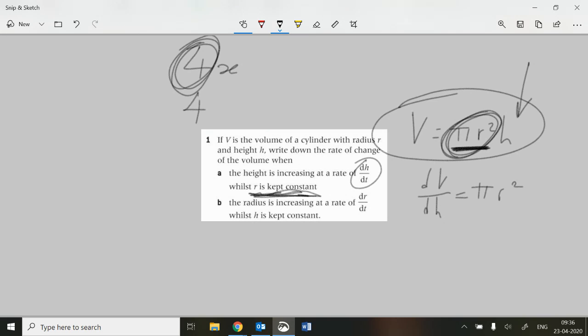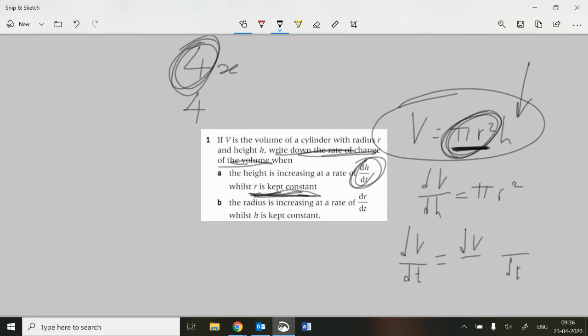Okay, and anyway, this one says write down the rate of change of the volume. So actually what we're asked for in this question is dV/dt. Now we're going to use related rates of change here. We're going to split this one up, dV and dt, like this. We know that we can get dV/dh there, and we know as well that dh/dt is given.